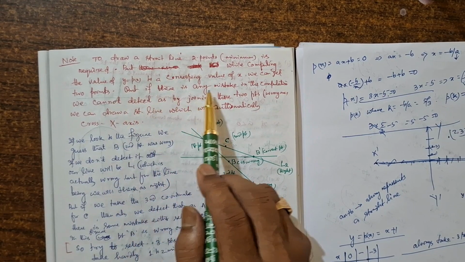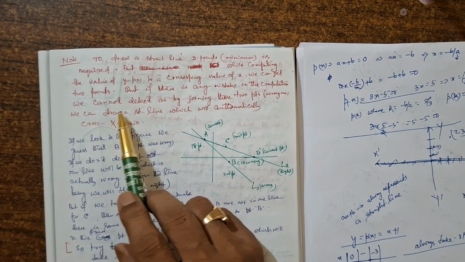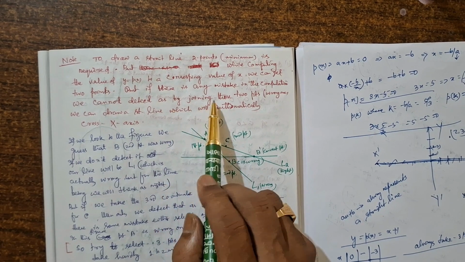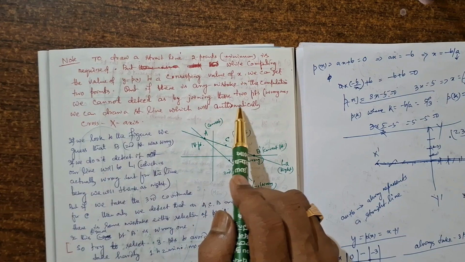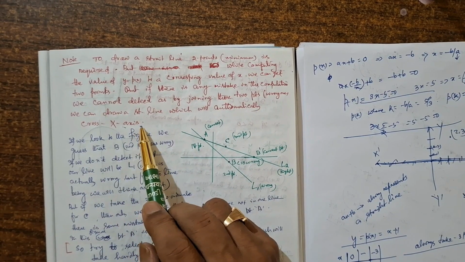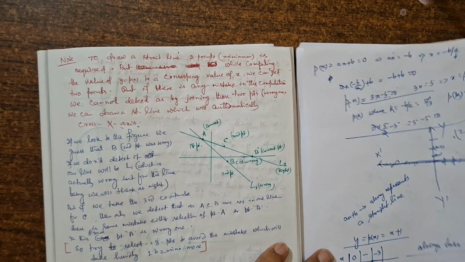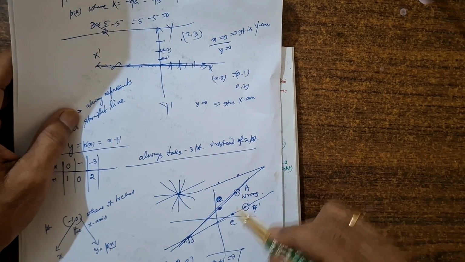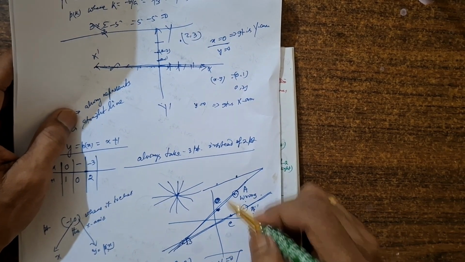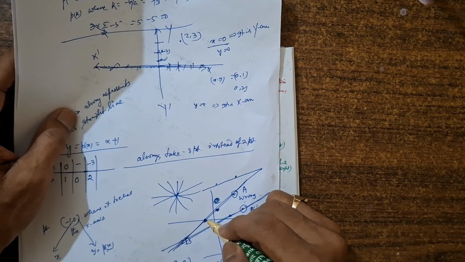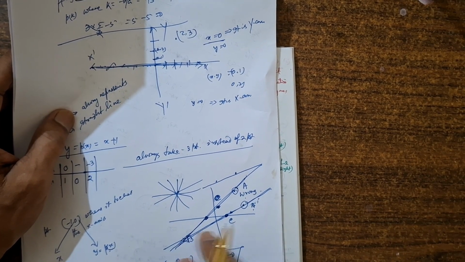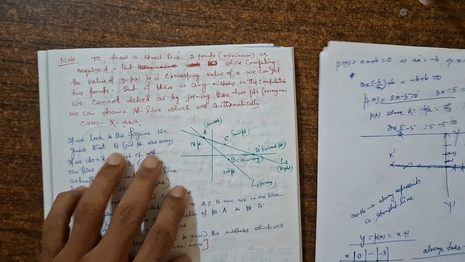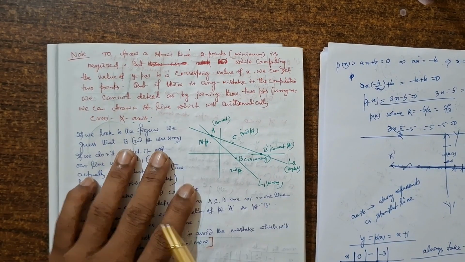If there is any mistake in the computation, we cannot detect it by joining these 2 points wrongly. We can draw a straight line which will automatically cross the x-axis somewhere. The wrong line crosses the x-axis here, the right one crosses here, so their 2 points will be different.